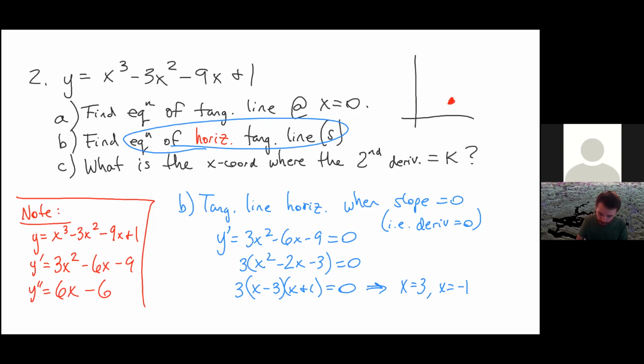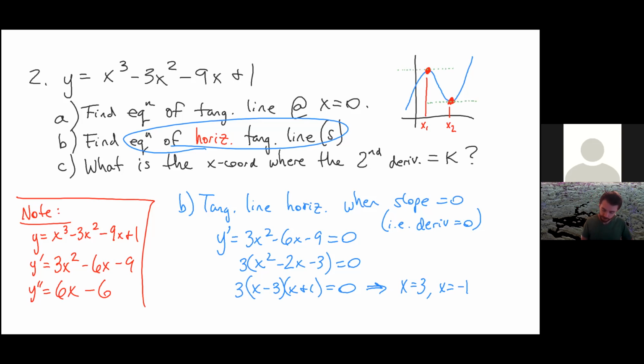Basically what I did was I found these two places. This graph isn't correct, right? I'm just drawing some arbitrary cubic polynomial. But what we did was we found where these tangent lines were horizontal. And now we need their equations. So this was at some x value, this was at some other x value. And I want the equations of these green lines that I drew in.